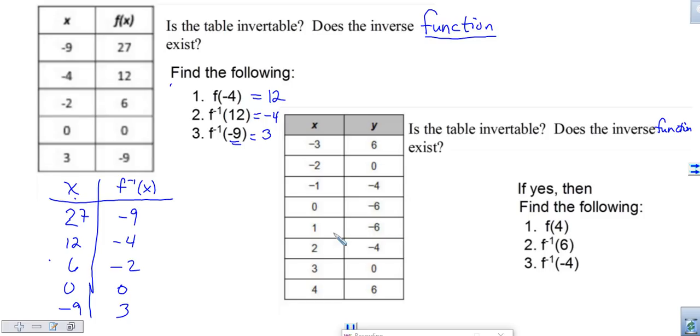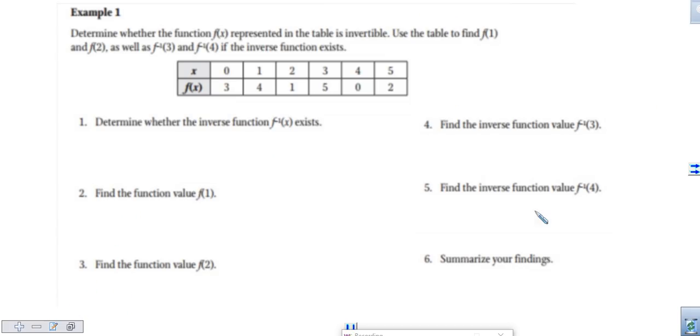So it's not invertible. Thus, we will not answer these questions here. Not all tables and functions that we give you will be invertible. So you're going to answer this question on your own. I need you to pause the video now, and I'll come back to you in just a second.